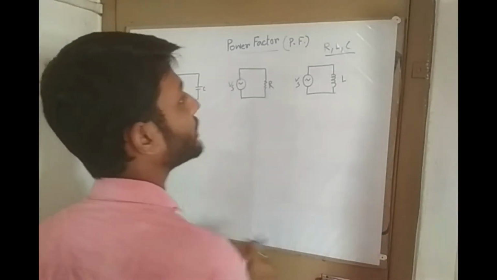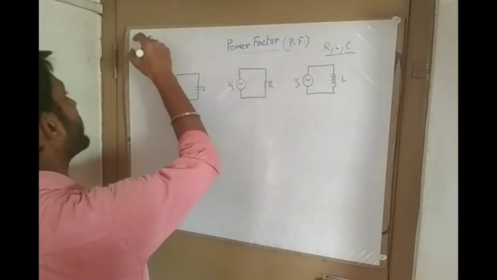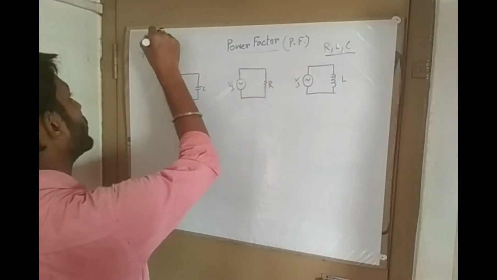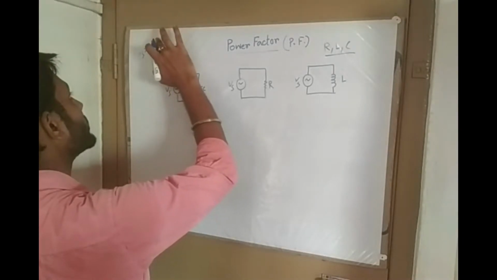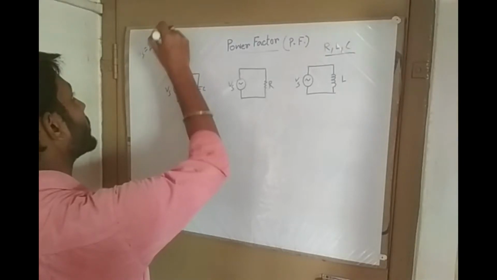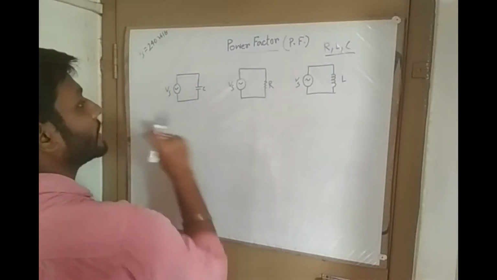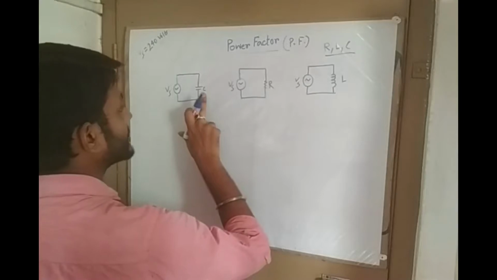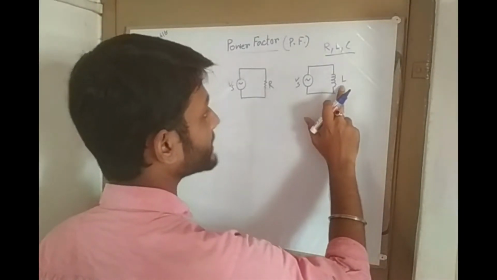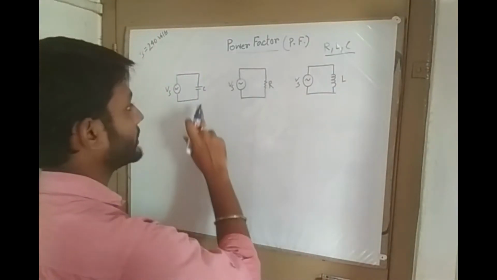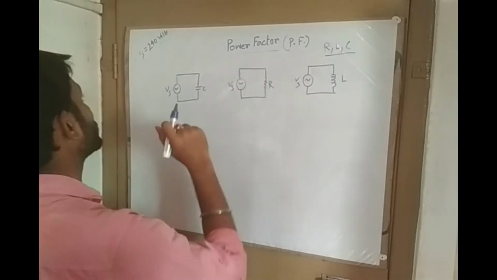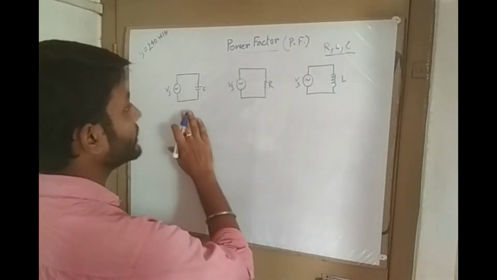Here we have to assume two cases. First one is Vs equal to 240 volt, and this Xc, R and XL, that is the two reactances and the resistance, that is the total impedance of all three circuits.